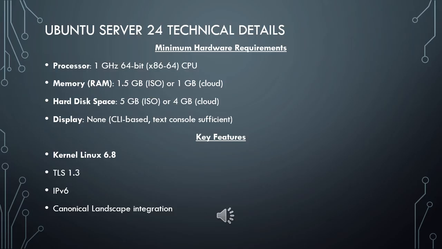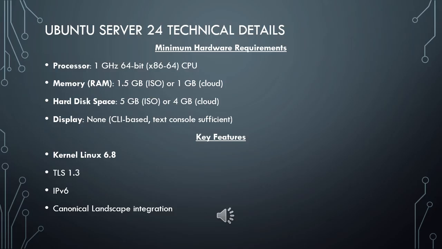Unlike Microsoft, Ubuntu Server 24 doesn't need any graphical display, because Linux runs in a command line interface. For the key features, we have Linux kernel 6.8 offering performance improvements and hardware support.